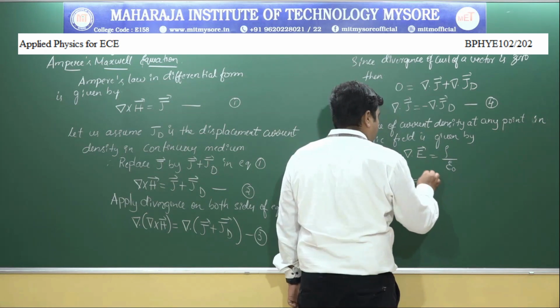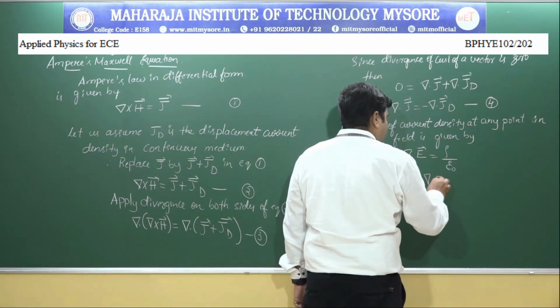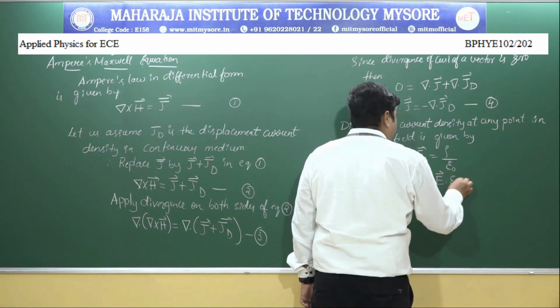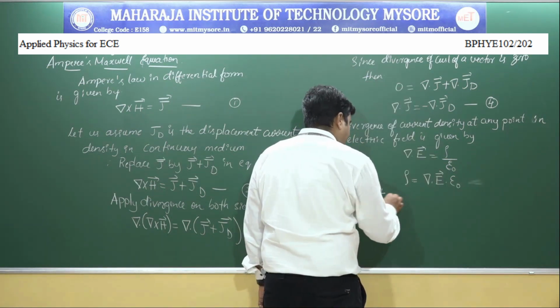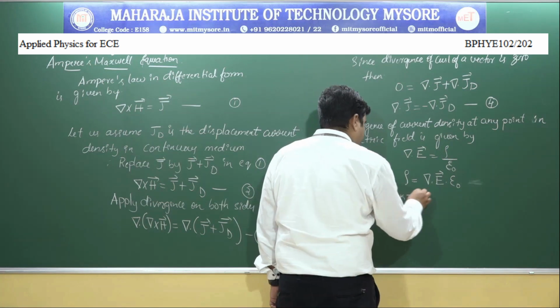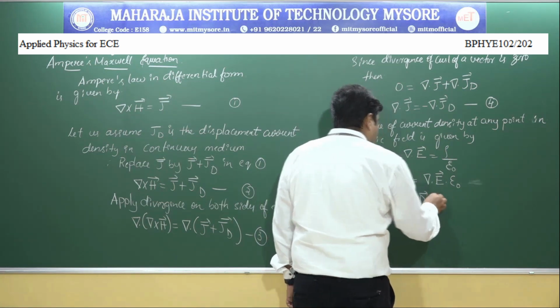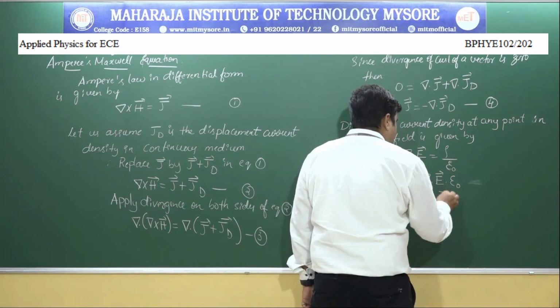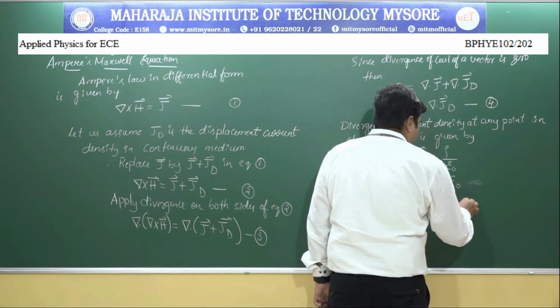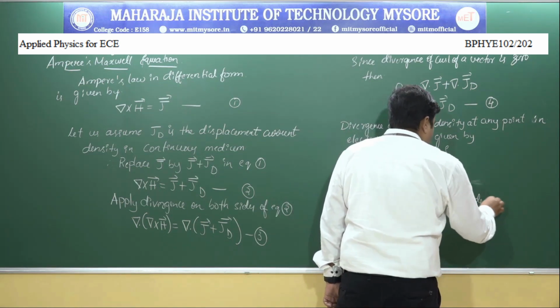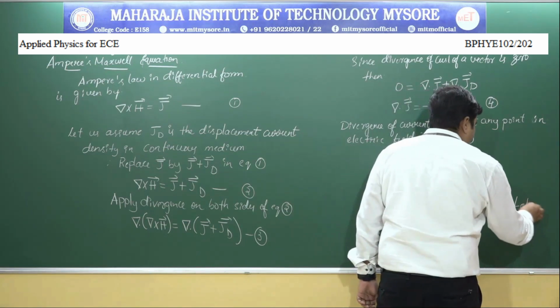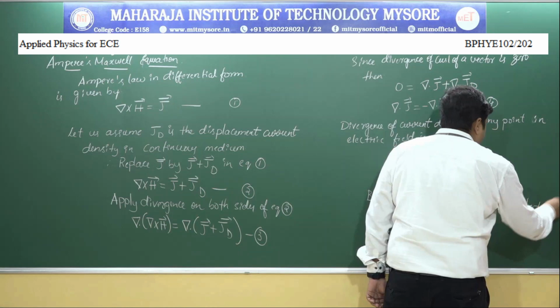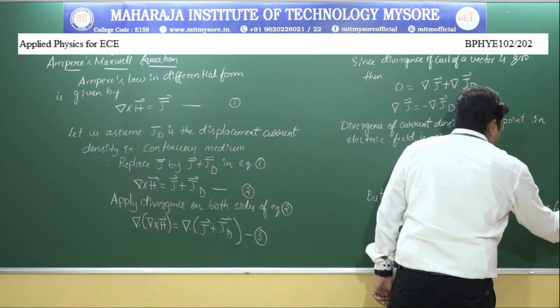Rho is equal to del dot E into epsilon naught, but we know that vector D is vector E into epsilon naught, the density of electric field lines.